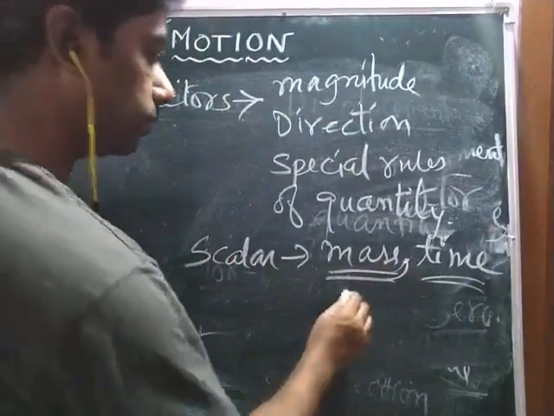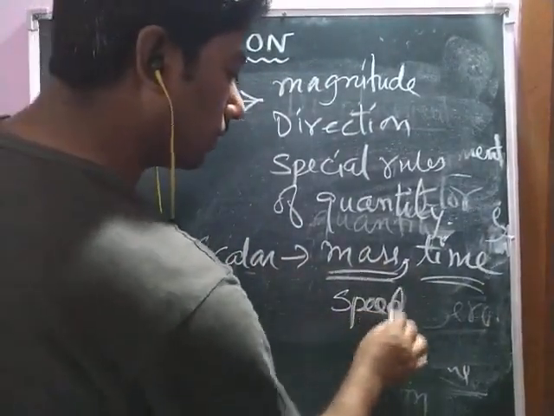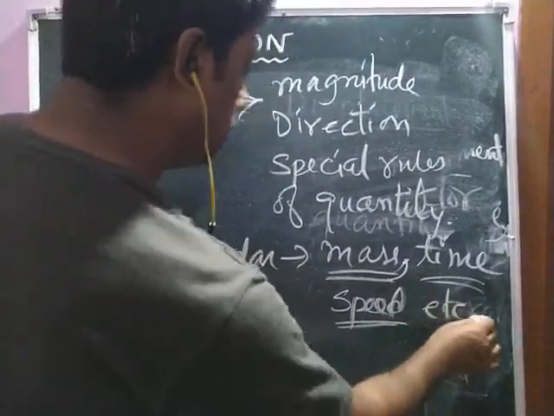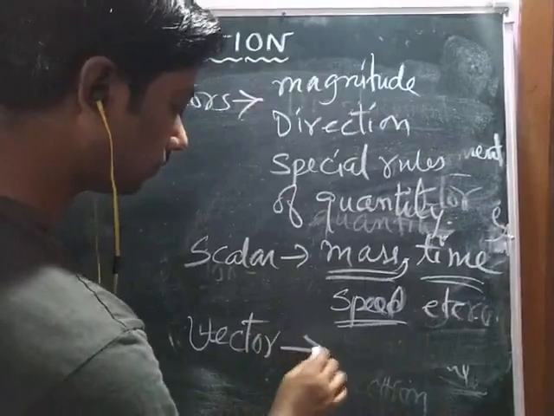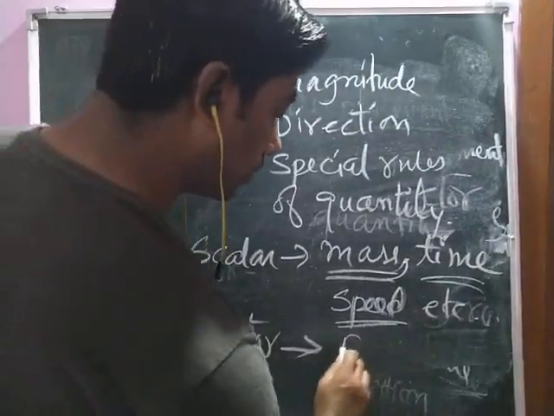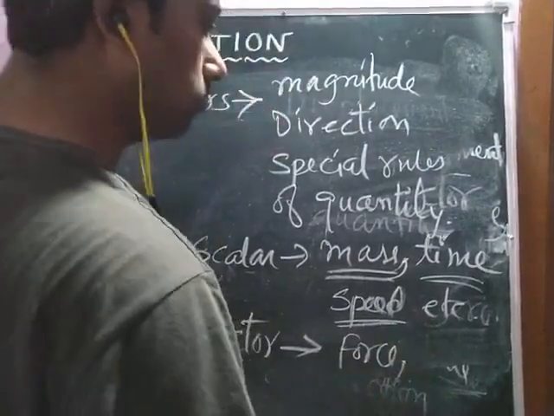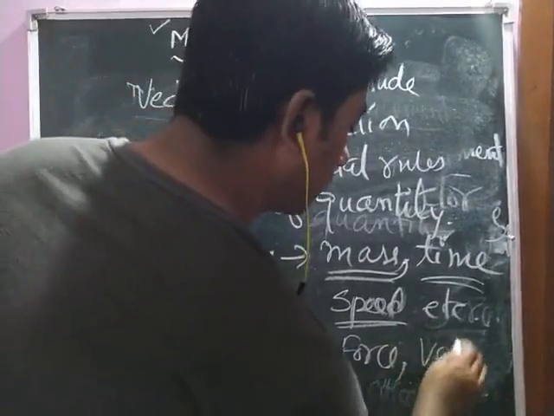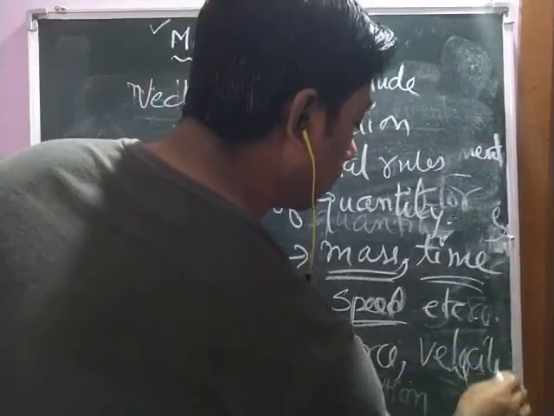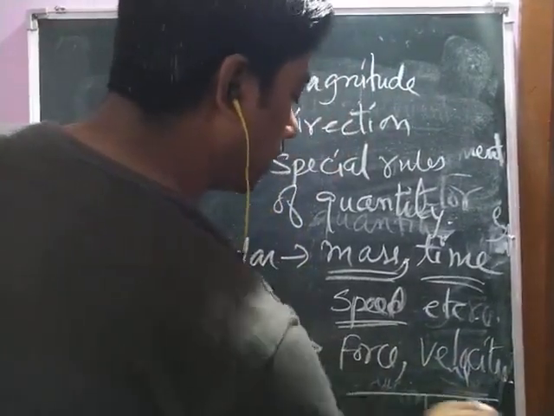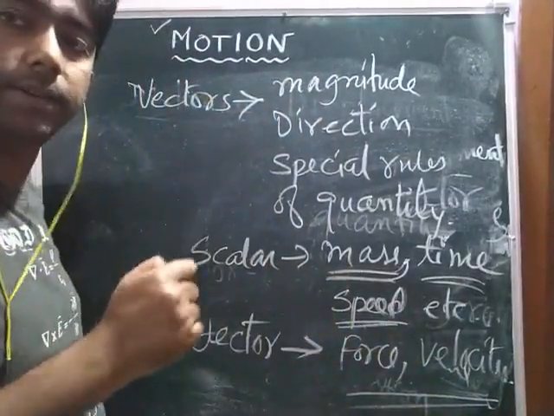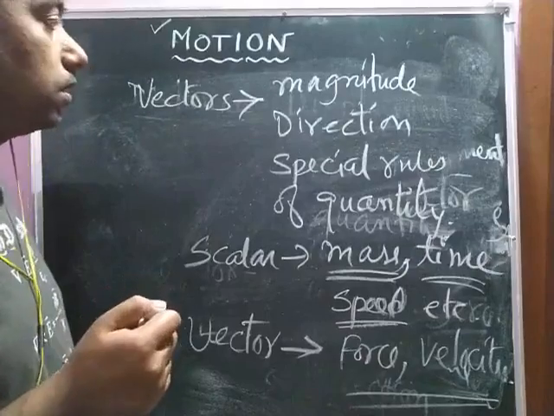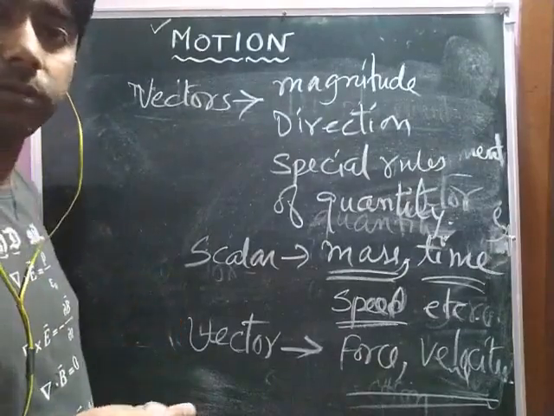Mass, time, speed, etc. But some vector quantities are force, then we have velocity. You will understand these quantities slowly. These are the quantities which need magnitude as well as direction for their complete specification. I hope you have understood some of the points.